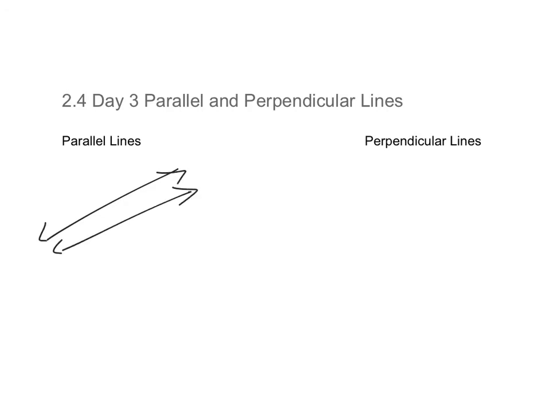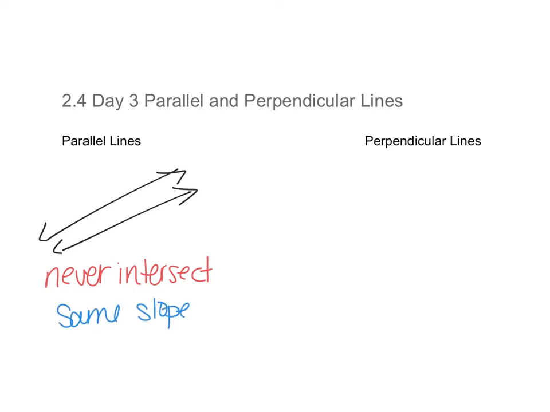What do you know about those? They are never going to intersect, right? And this is the big point for this class: they have the same slope. Parallel lines always have the same slope.